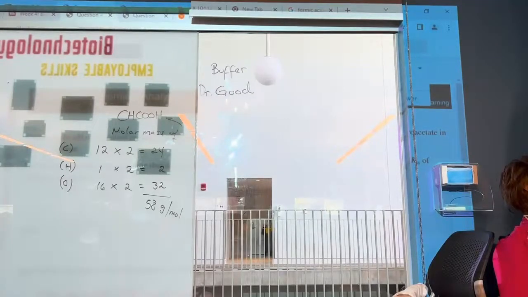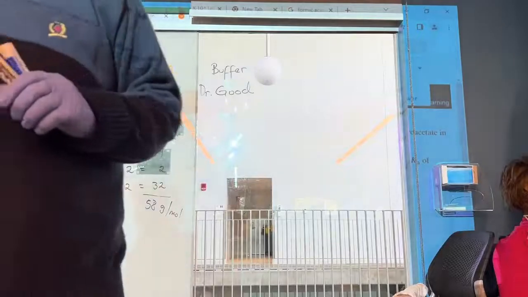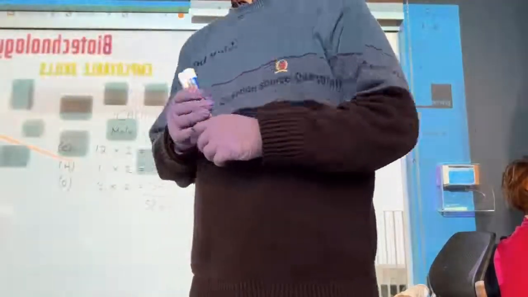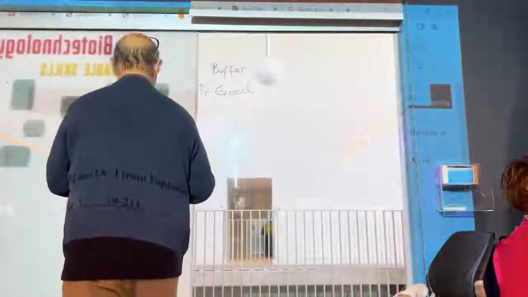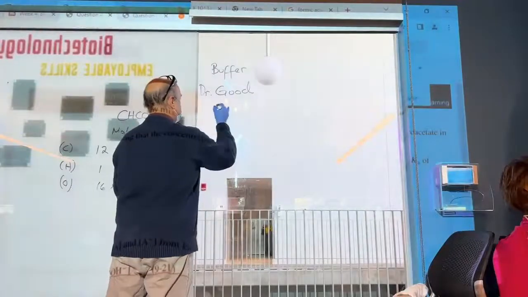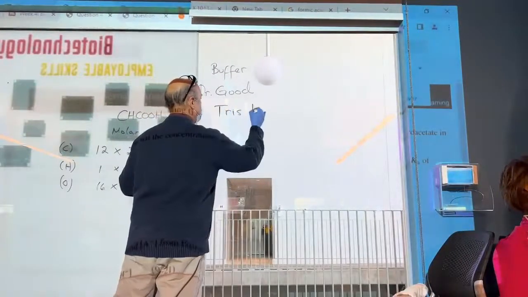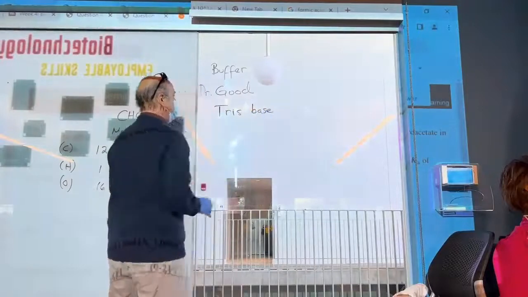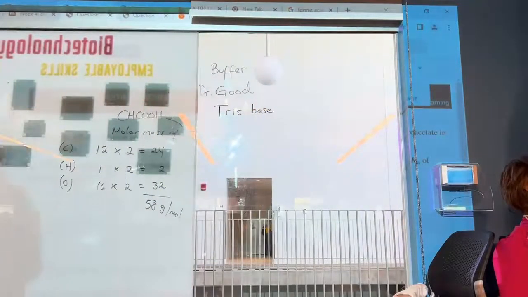So I'm gonna have to Google, well, actually you guys do me the favor, if you have a phone, can you Google the pKa of tris base, T-R-I-S. What's the pKa?